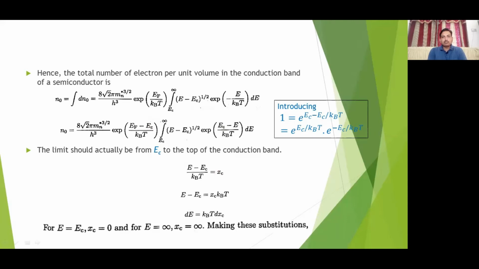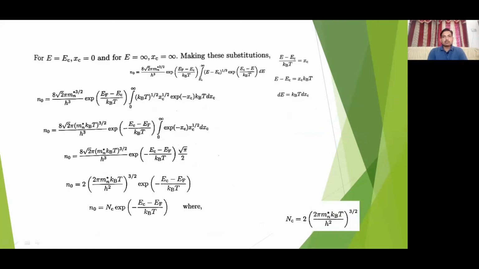So E minus EC is equal to XC KBT, and dE is equal to KBT dXC. Now for the limits: when E is equal to EC, then it is EC minus EC, so XC becomes 0. And for E equal to infinity, XC will also be equal to infinity. So, making this substitution in the next slide.